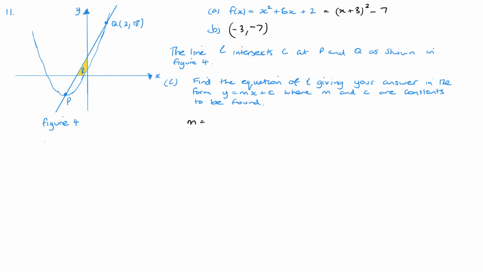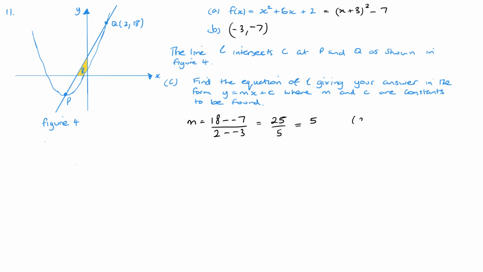It's not too difficult. I'll start with Q, so I'm going to do Q minus P. So it's the y's on the top, so 18 minus 7, and the x's on the bottom, so that's 2 minus 3. So 18 plus 7 will be 25 over 5. So it's got a gradient of 5.